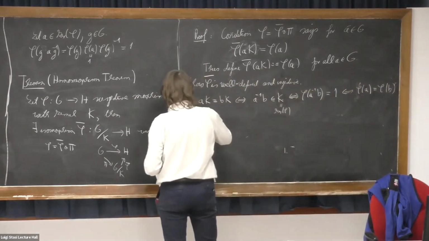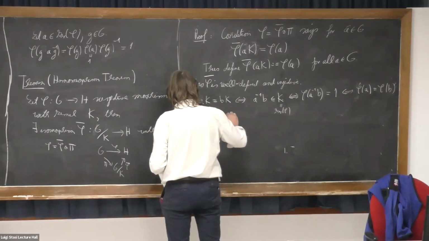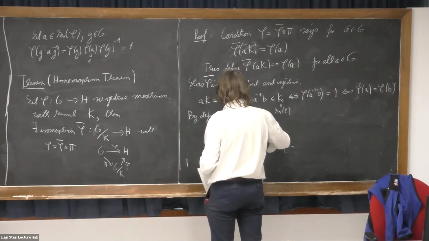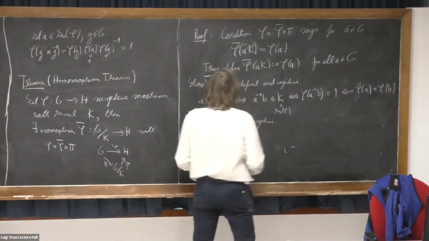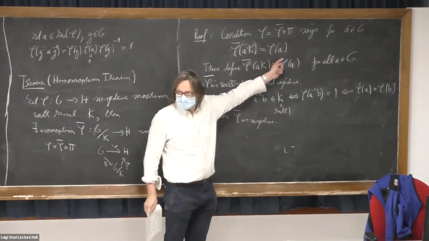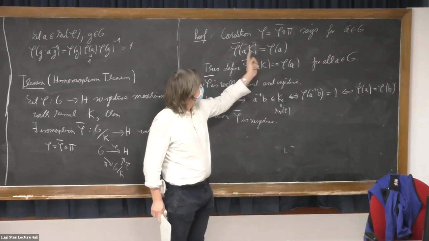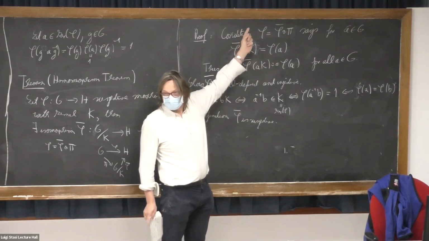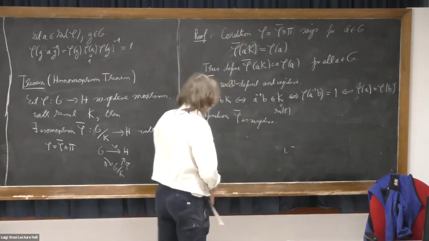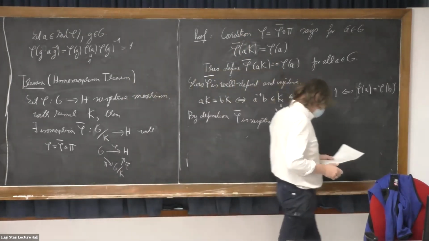And furthermore, by definition, P bar is surjective. Because what have we done here? We have defined P bar of AK equal to P of A. So every element in the image of P is in the image of P bar. And we have assumed that P was surjective.